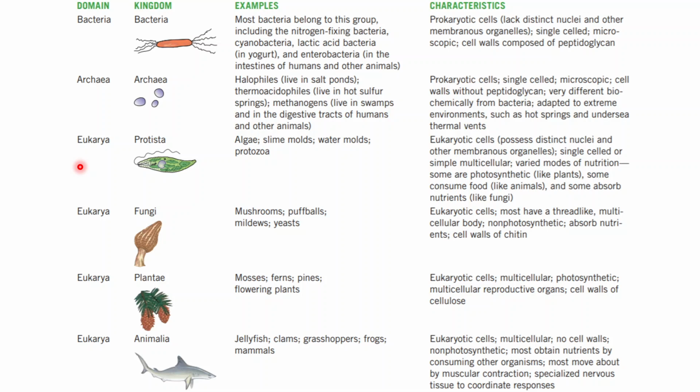Instead, most biologists regard the Protist kingdom as a paraphyletic group. The common eukaryote ancestor that gave rise to the members of kingdom Protista also gave rise to plants, fungi, and animals, all of which are multicellular eukaryotes not classified in the Protist kingdom.